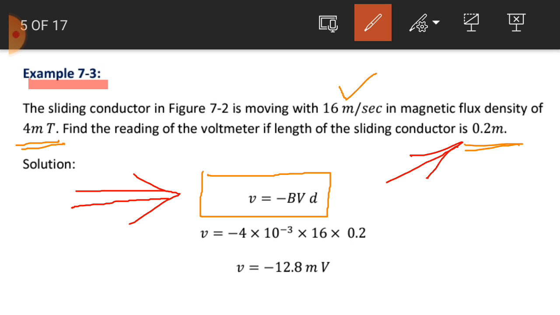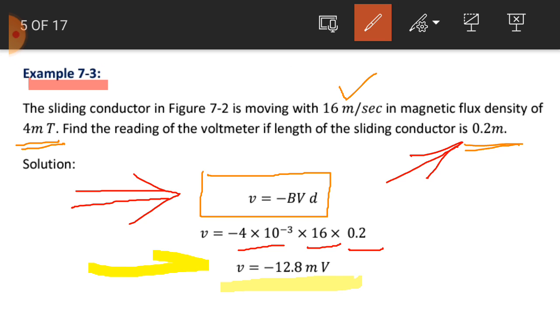You see the magnetic flux density is 4 into 10 raised to power minus 3. The velocity of the sliding conductor is 16 meter per second, and the length of the conductor is 0.2 meter. So the reading of the voltmeter will be minus 12.8 millivolt.